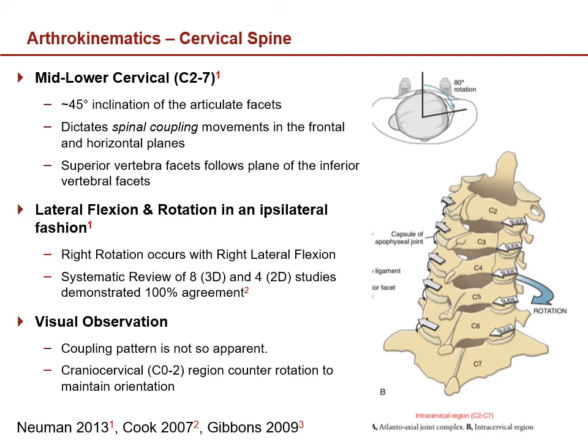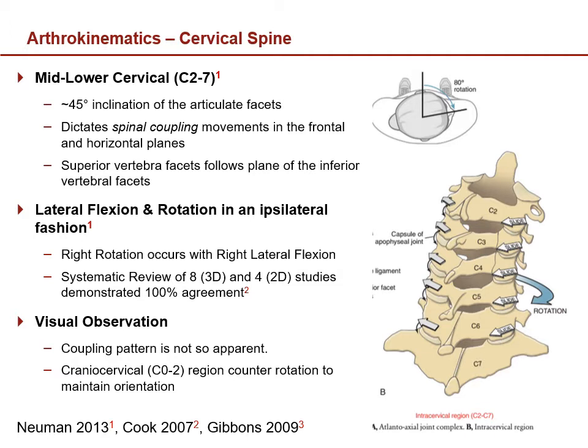There's actually a counter rotation, and this is really to keep the orientation and maintain visual orientation. So for instance, if you were to pause the video and side bend your head to the right, then it's possible that your upper cervical spine will rotate to the left as a means of keeping your orientation looking forward.